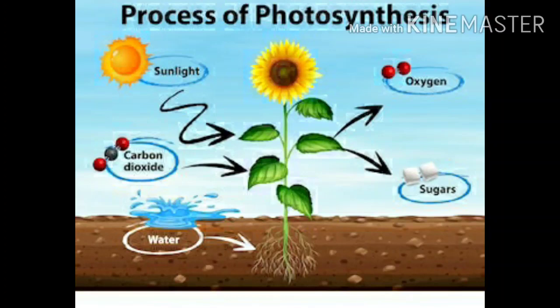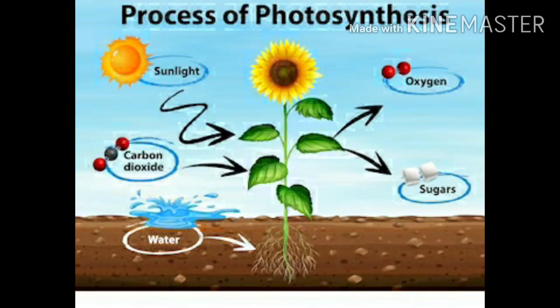Leaves are an important part of a plant. They perform various functions, but the following two functions are main: number 1, photosynthesis, and number 2, transpiration. In this video we will discuss in brief photosynthesis and transpiration.